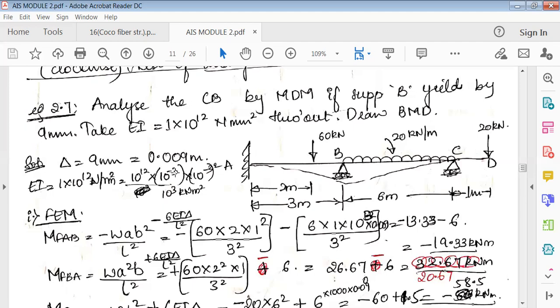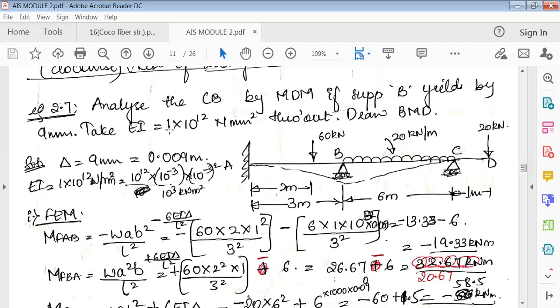Next, you have to convert mm to meter. Again the same thing, mm to meter is 10 to the power minus 3, but this is squared.